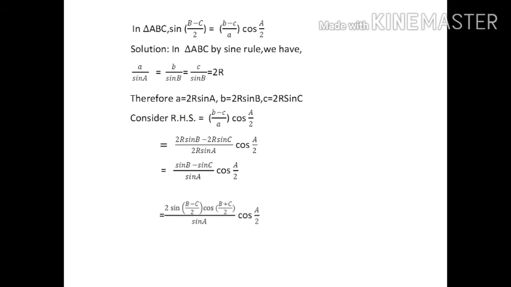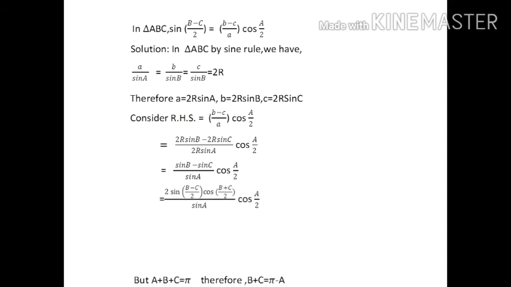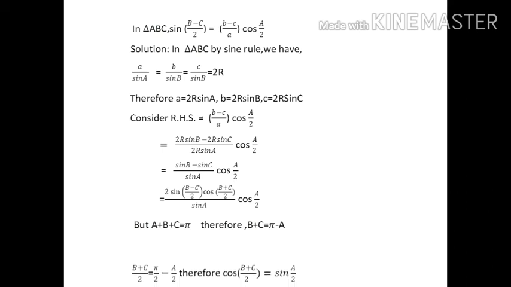So here we use the formula that we know: A plus B plus C is equal to pi, therefore B plus C is equal to pi minus A. Then we get the value of cos((B plus C)/2), which is equal to sin(A/2).